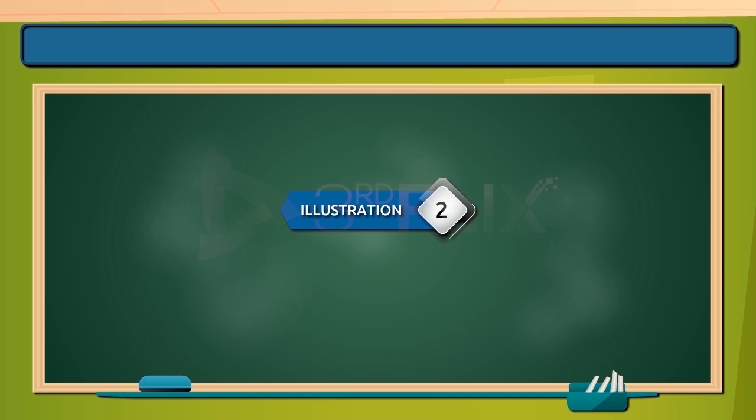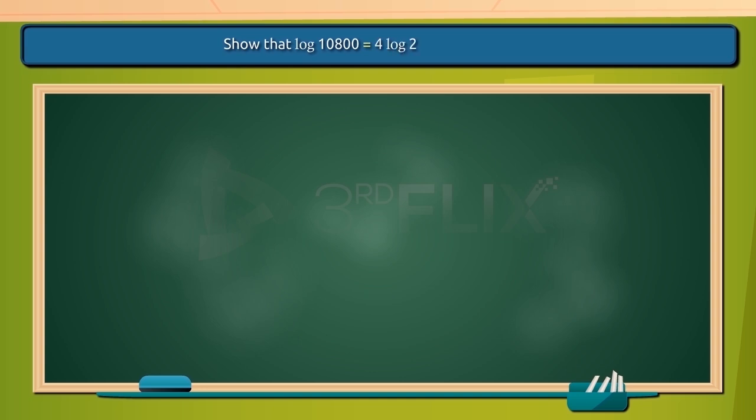Illustration 2. Show that log 10,800 equals 4 log 2 plus 3 log 3 plus 2 log 5. Solution. LHS equals log 10,800.